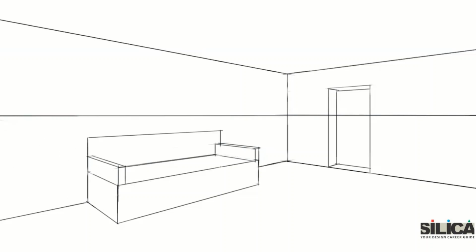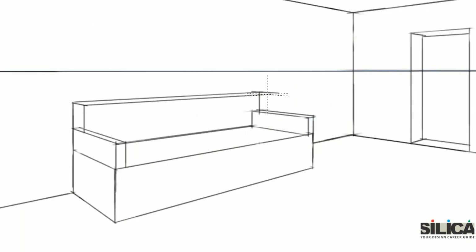Now let's add cushioning to the backrest, creating 3 dimension. Let's draw a width from vanishing point 1, a length of the backrest, and height which joins the handrest.